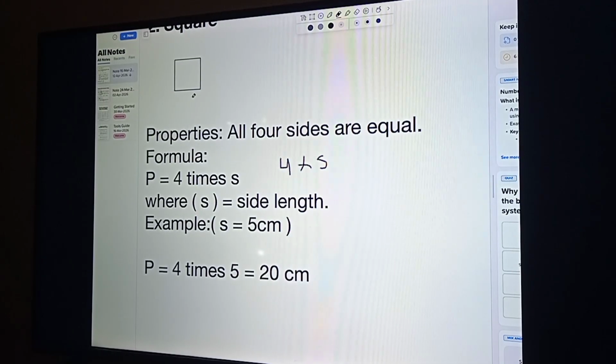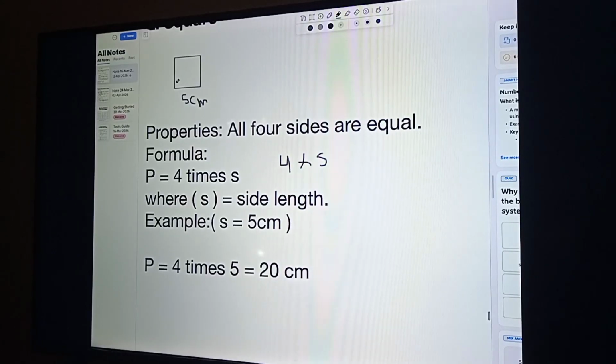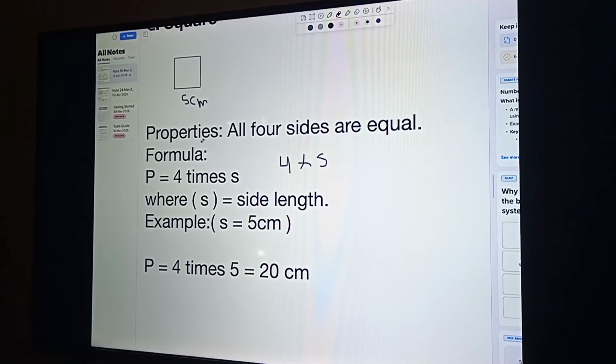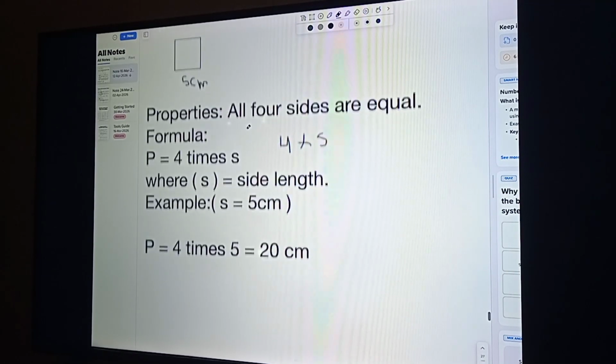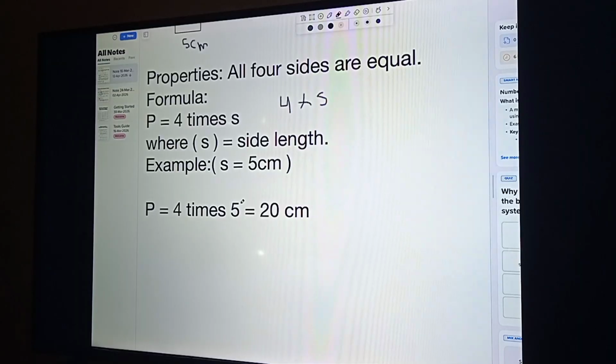So suppose one side is 5 centimeter, then the other 3 sides will also be 5 centimeter, because according to its property all 4 sides of a square are equal. So you can multiply 4 with 5 and you will get the perimeter, which is 20 centimeter in this case.